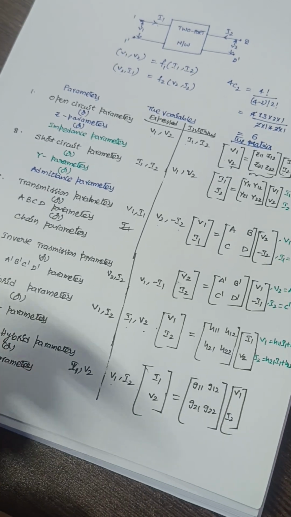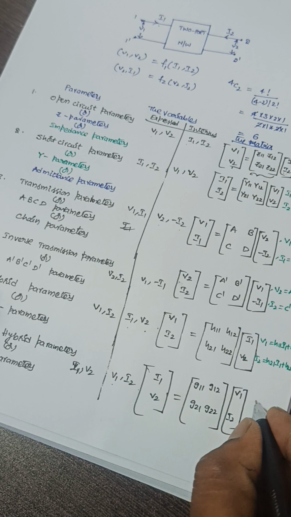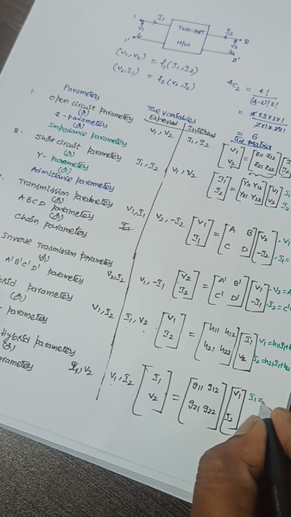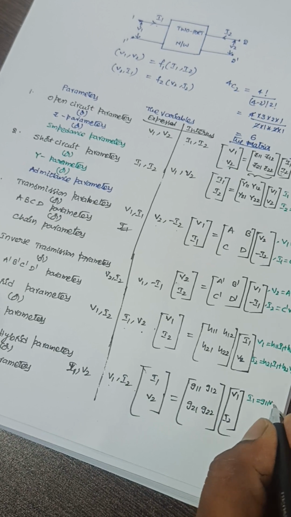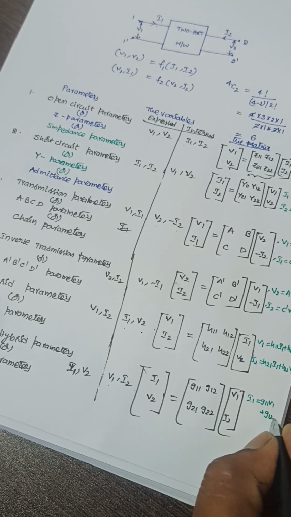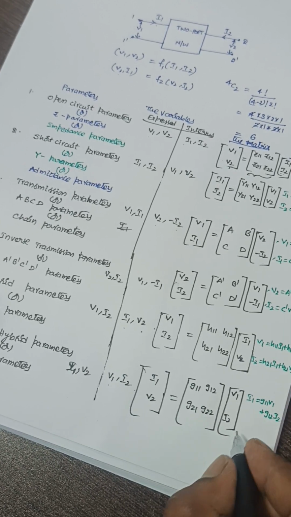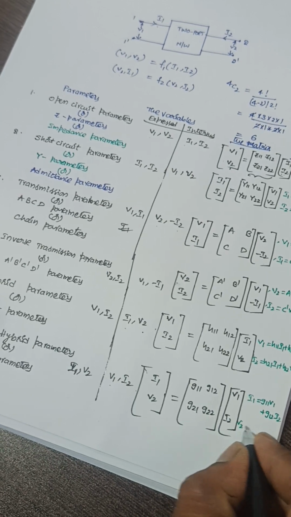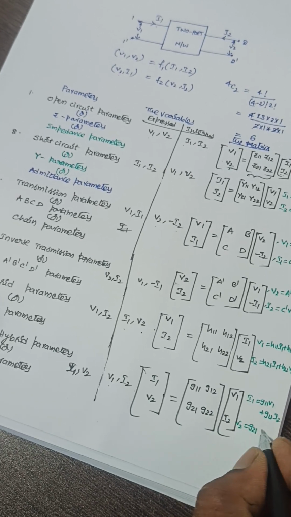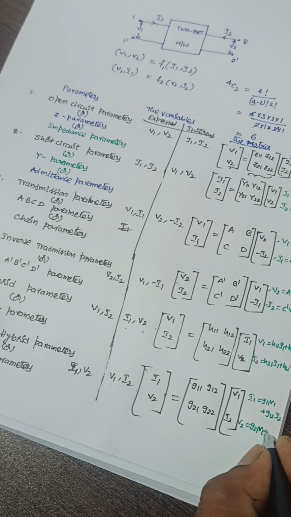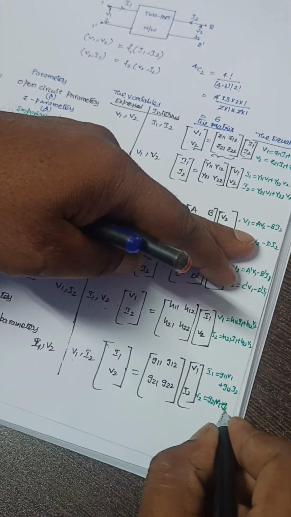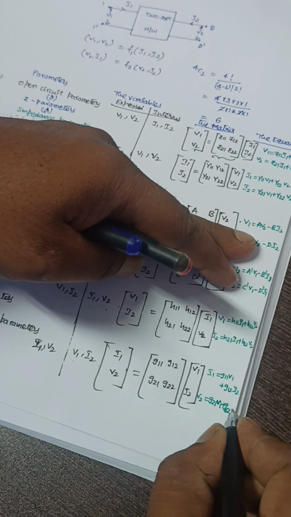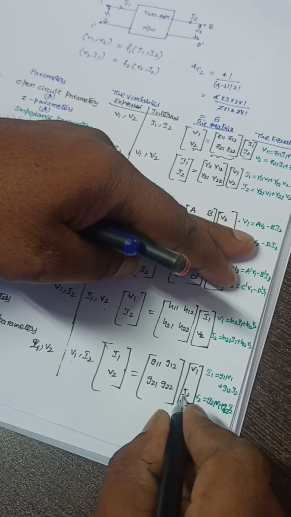In equation notation, I1 is equal to G11 V1 plus G12 I2, and V2 is equal to G21 V1 plus G22 I2.